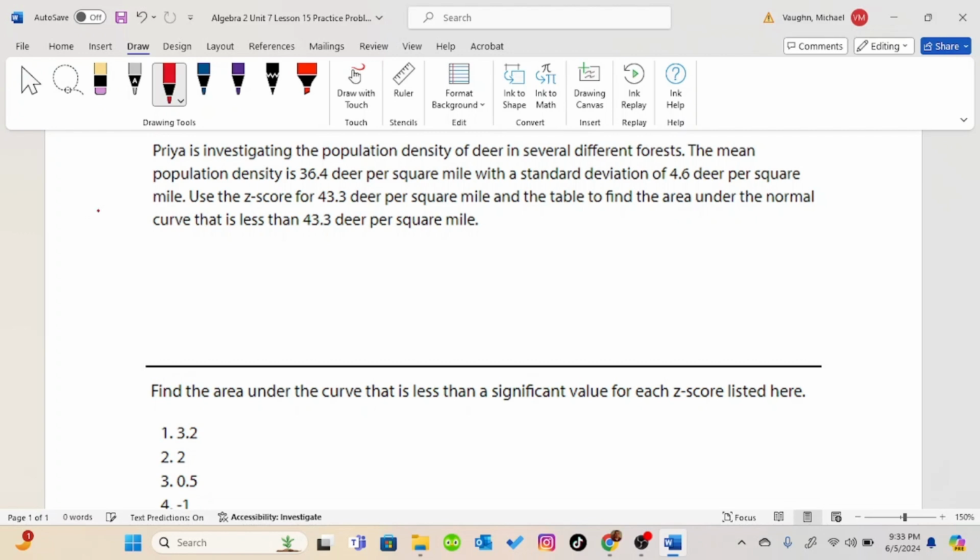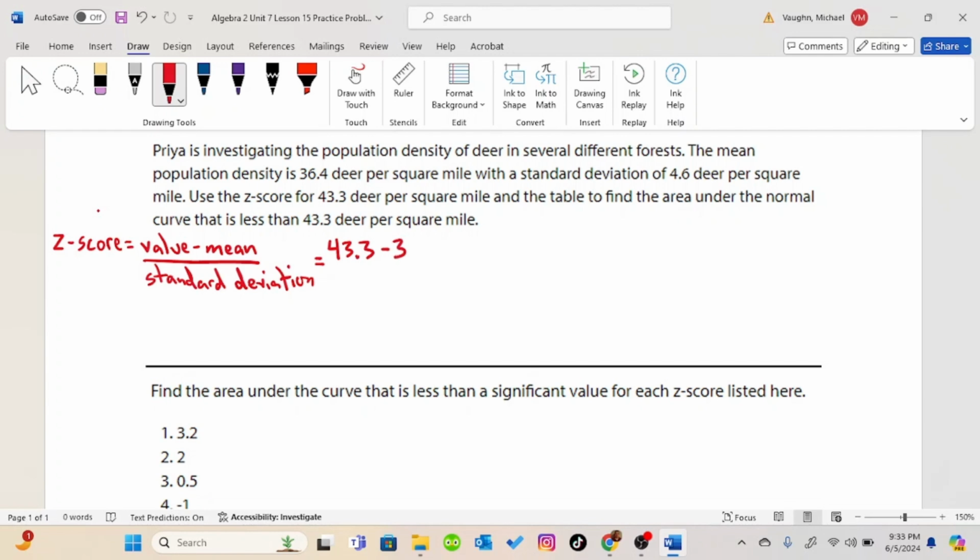So the first thing we have to do is calculate the z-score. Remember that this is the value we want minus the mean divided by the standard deviation. So the value we want is 43.3.